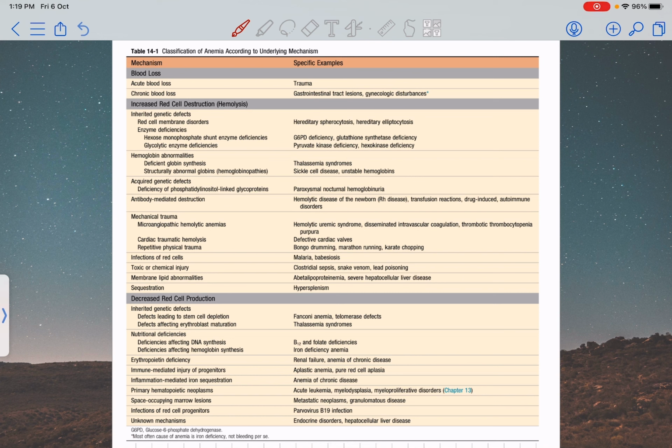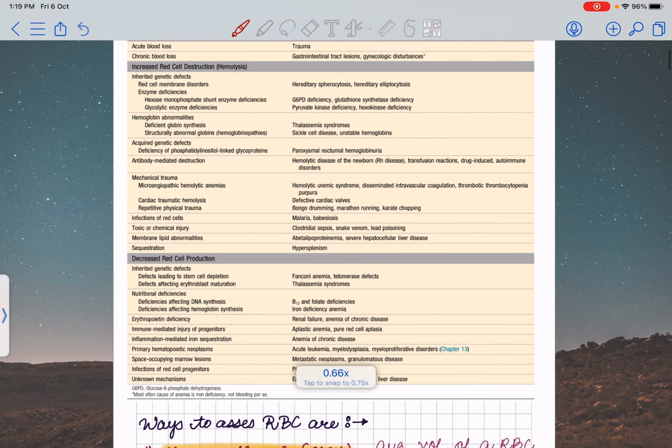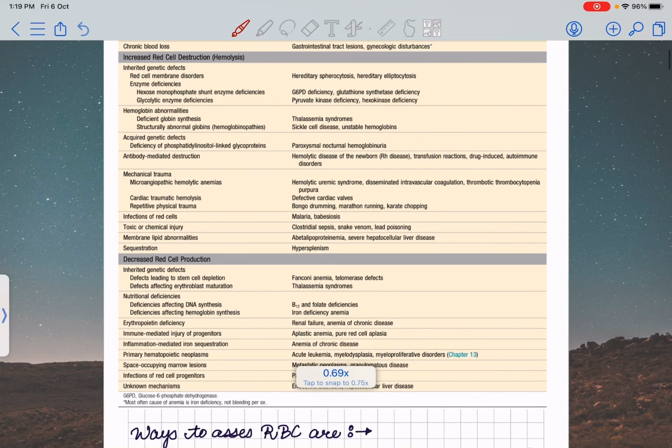Toxic or chemical injury: Clostridial sepsis, snake venom, and lead poisoning. These are toxic injuries. There could be abnormality in lipids, which play an important role in the cell membrane, right? And sequestration can happen, as in hypersplenism. Decreased red cell production, why? When we have infection of RBC progenitors with parvovirus B19, that's what I was talking about.